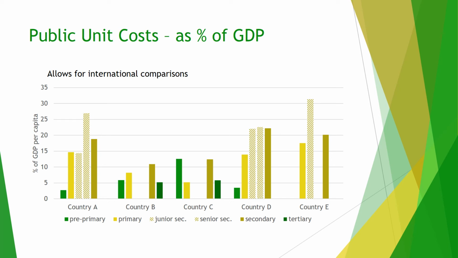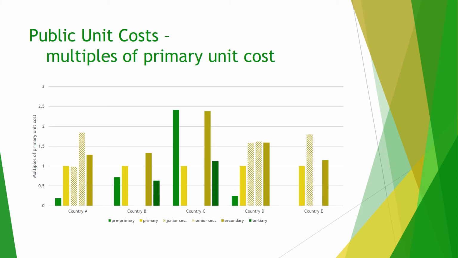Another interesting perspective is to look at public unit costs as multiples of the unit costs in primary. This facilitates the comparison of unit costs between the education levels, but also to compare the differences in unit costs between different countries.